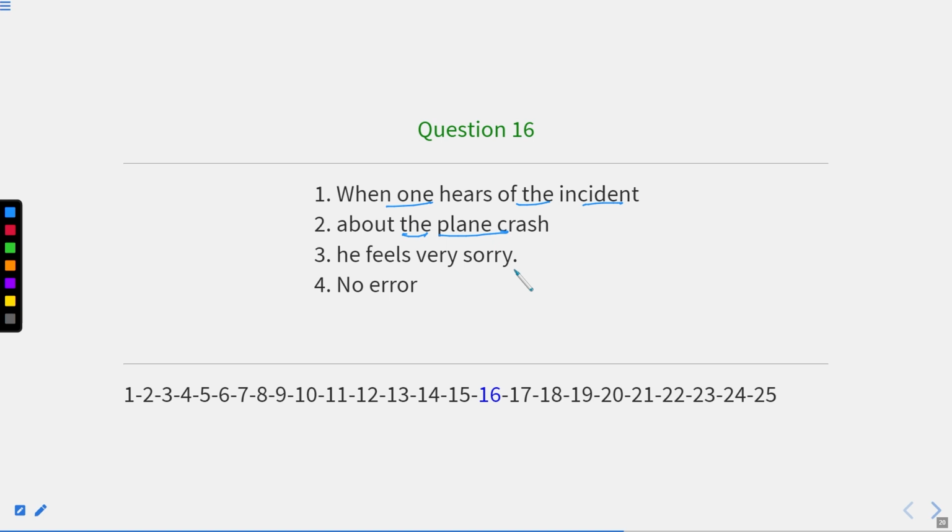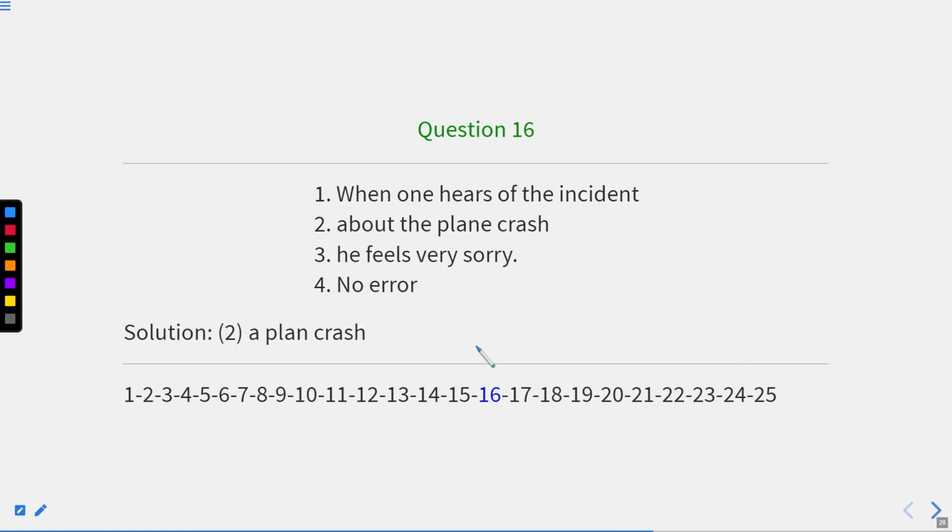We know well that plane crashes can occur anytime, and we have already heard of many plane crashes in our life. You must have also heard about the plane crashes that occurred a few years back as well. So we are not talking about a particular plane crash.